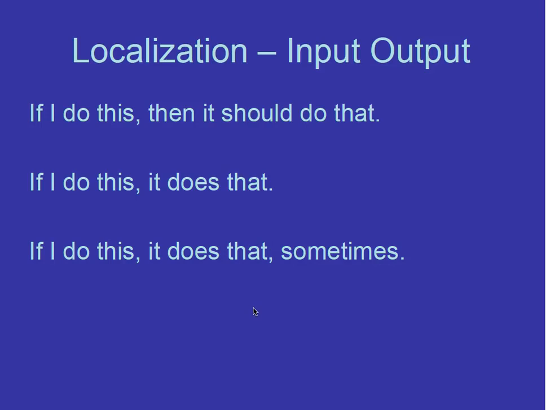Localization, input output: if I do this, then it should do that. If I do this, it does that. If I do this, it does that sometimes. So these questions you would be able to answer when you start troubleshooting with the right tools, and check for that.